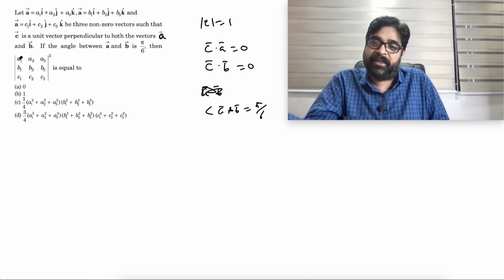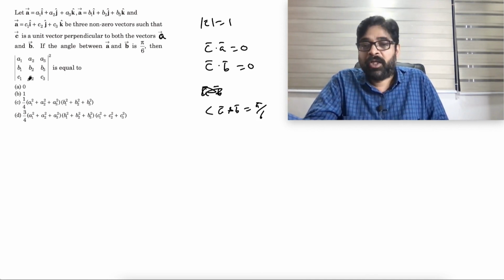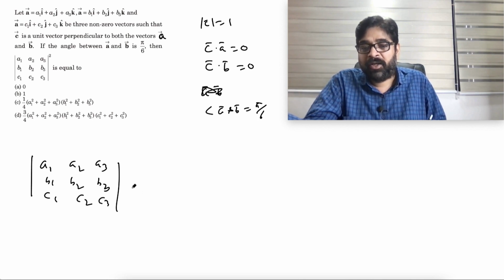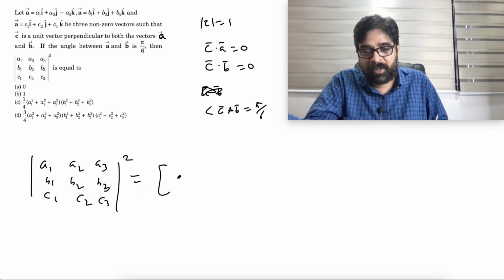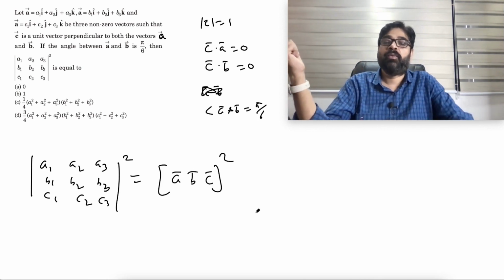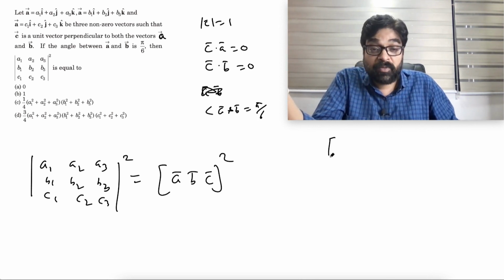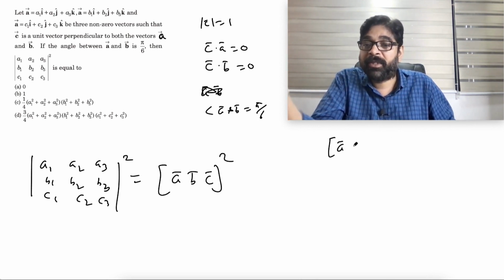Anybody can understand this is nothing but box ABC. So the determinant of A1, A2, A3, B1, B2, B3, C1, C2, C3 whole square is nothing but box of A, B, C whole square. Everybody understand? And what is box ABC?